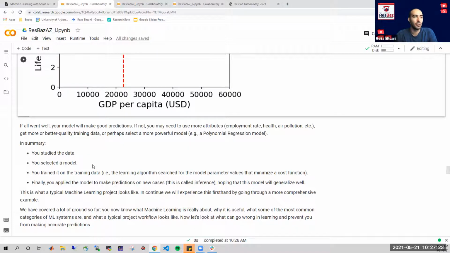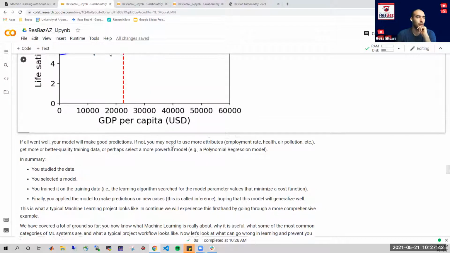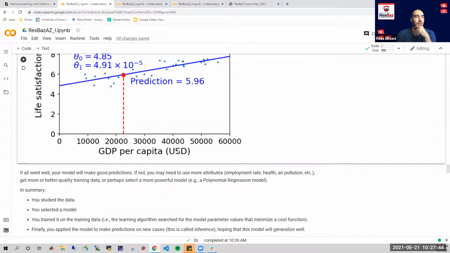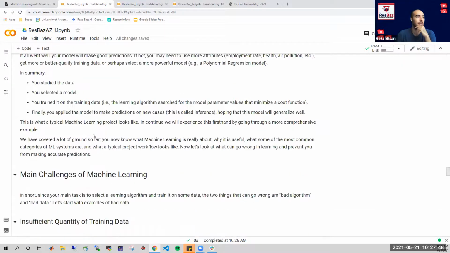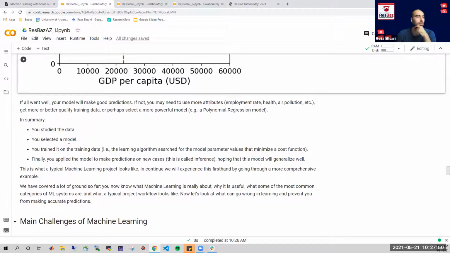If not, we need to use more attributes like employment rate, health, air pollution, etc., to get a better estimation of the training data and life index, or perhaps to select a more powerful model like the polynomial regression model. So what we did here in the simple linear regression problem was to study the data, select the model, which was linear regression.